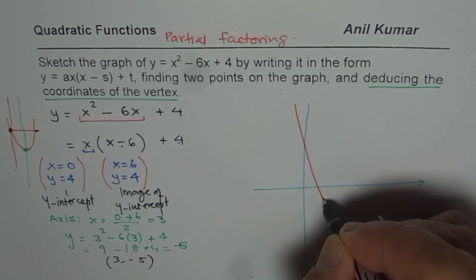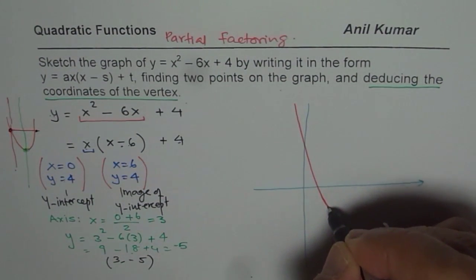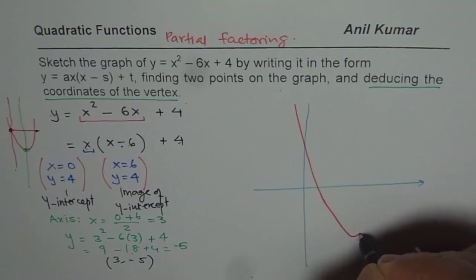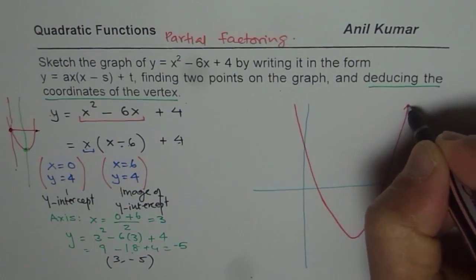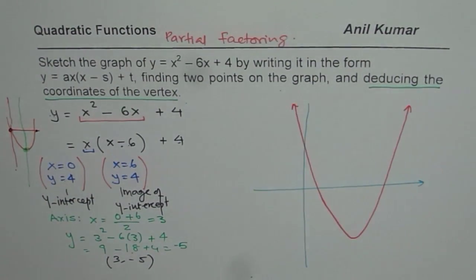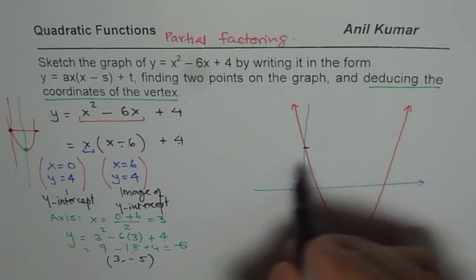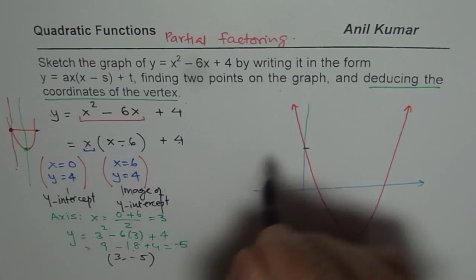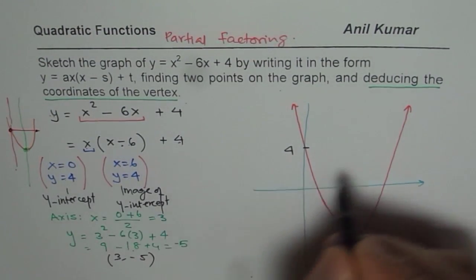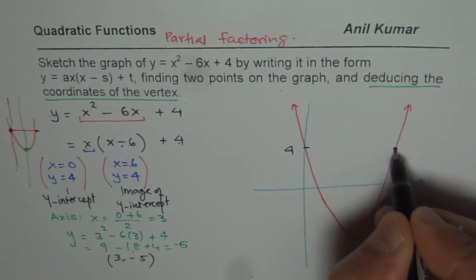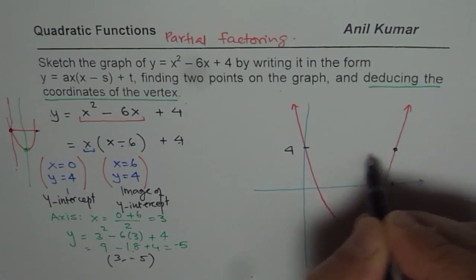So 4 is there and 5, so I have to go further down, kind of like this. You understand, right? Okay. So I'll just sketch my parabola and label it, but you have to do it on graph paper. So this is the first point, 0 and 4, right? And then 6, and here we have the image of this. This will be at 6, correct?